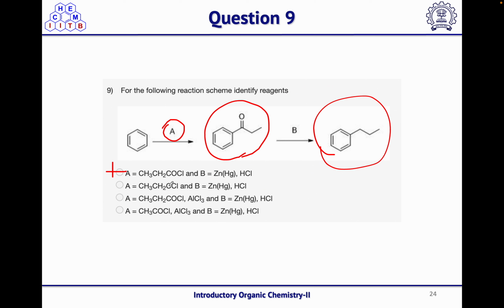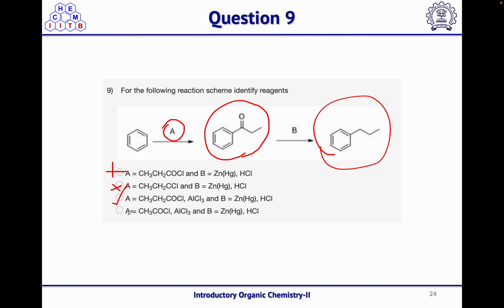No, there is no carbonyl. So this option can be ruled out. I am not discussing option B because it is the same in all the options given. Now the next option is CH3CH2COCl and AlCl3. We can see in this product CH3CH2C double bond O, and we have seen the mechanism for Friedel-Crafts acylation reaction. So this is the right answer.